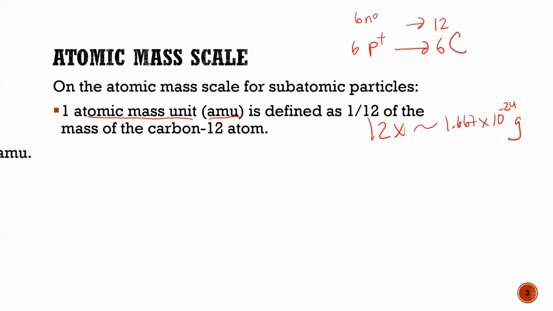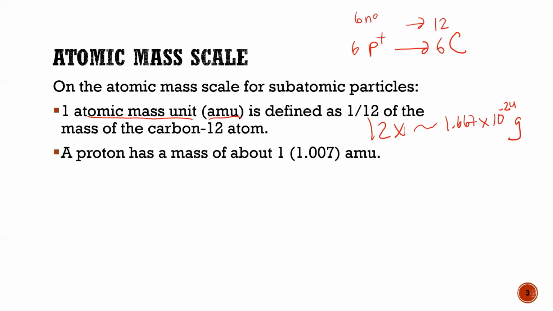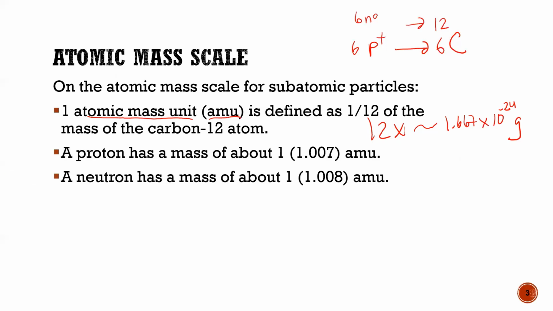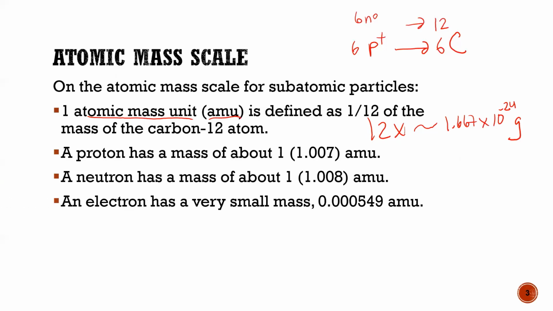So the key is a proton has a mass of about 1 AMU. A neutron has a mass of about 1 AMU. That's why carbon-12 has 12 AMU. Now electrons, and people get confused, electrons definitely have mass, okay? They're matter, they have mass.